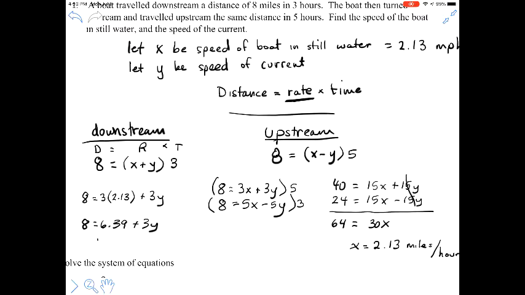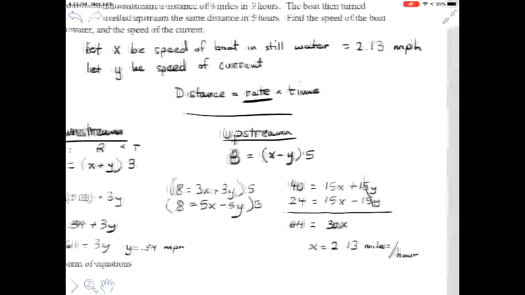Let's see, I'm getting 1.61 equals 3y, and then divide by 3. 0.54. So the speed of the current is about half a mile an hour.